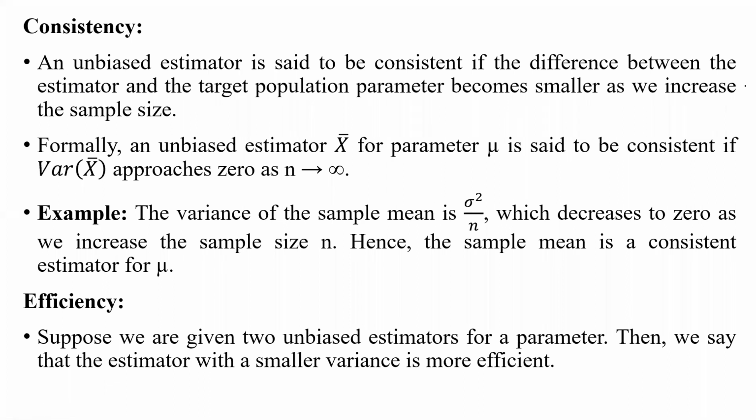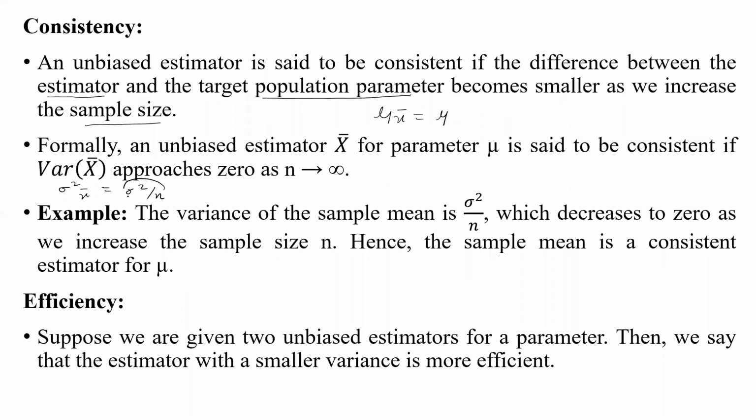For example, for an unbiased estimator, you know that your expectation of x bar is equal to mu, right? And this is said to be consistent if the variance of x bar, that is nothing but your sigma square x bar, which is nothing but your sigma square by n.